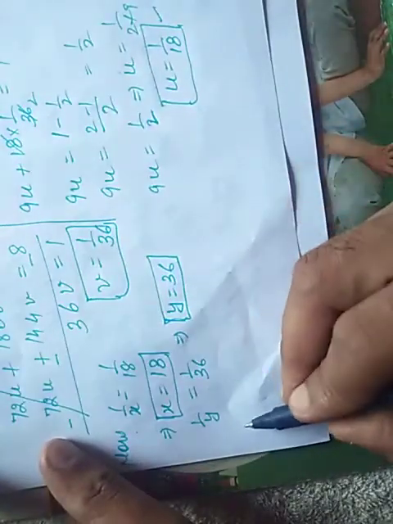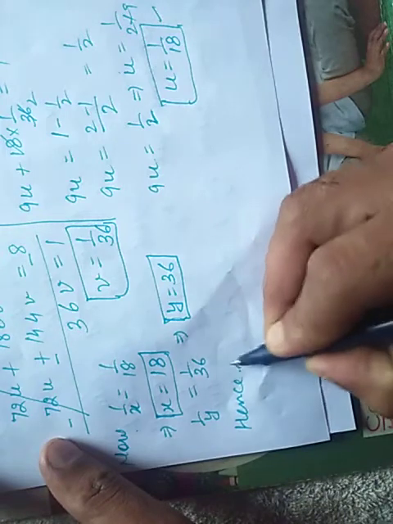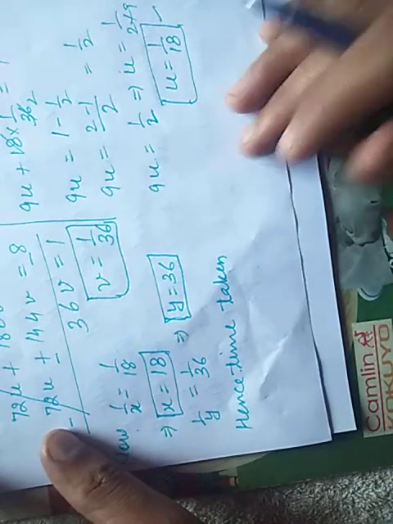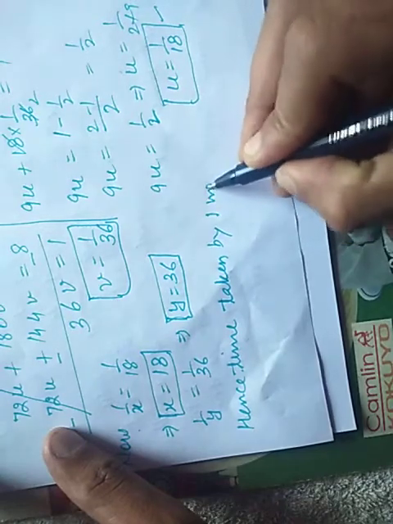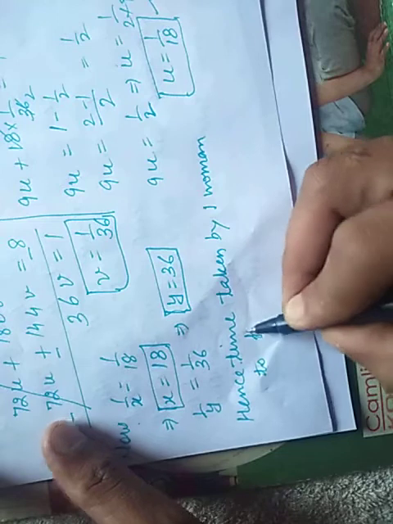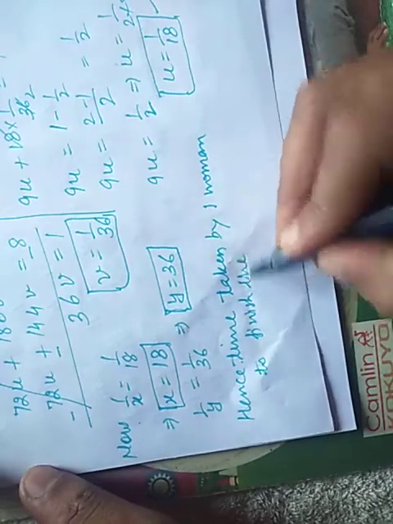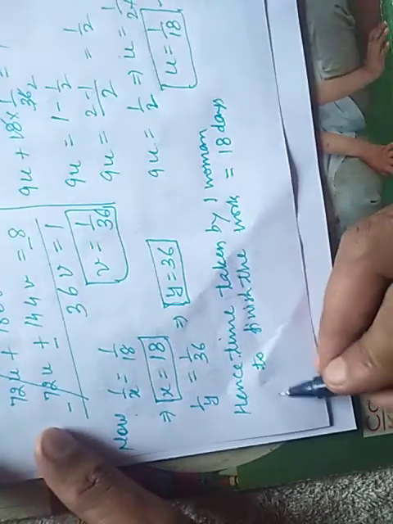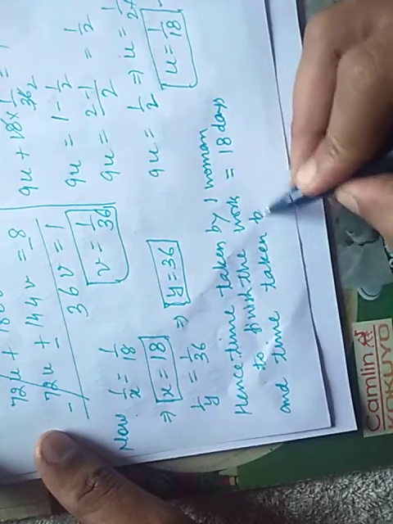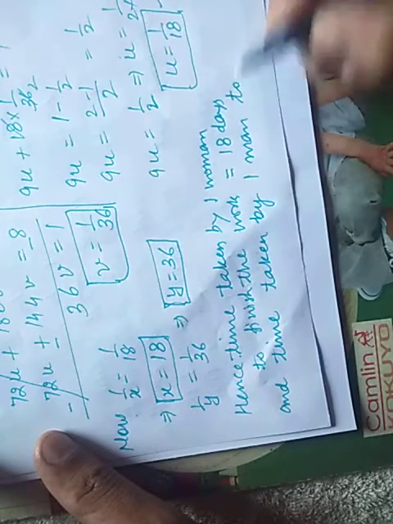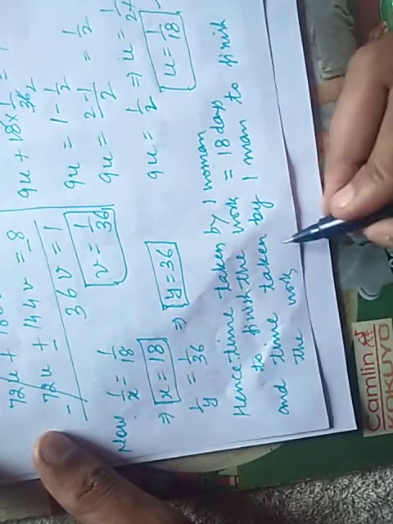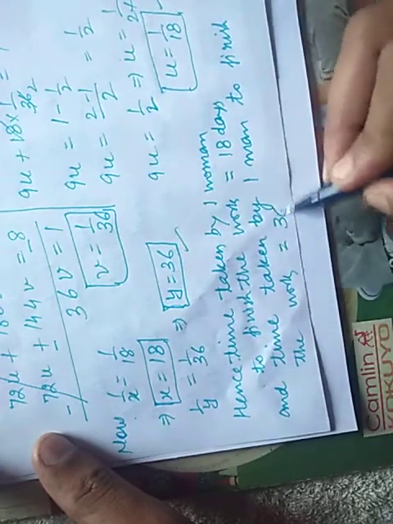So we can write it as, hence time taken by one woman to finish the work is equal to x days, so it is equal to 18 days, and time taken by one man to finish the work is equal to y days, so it is 36 days.